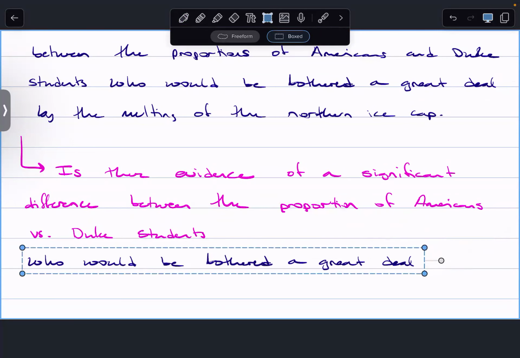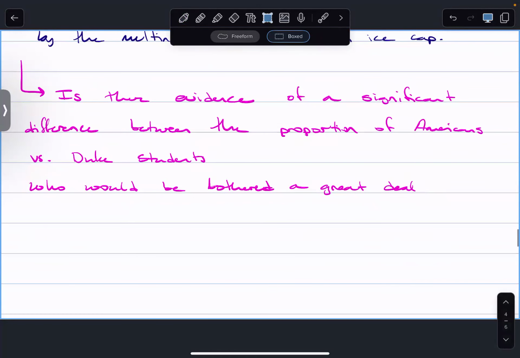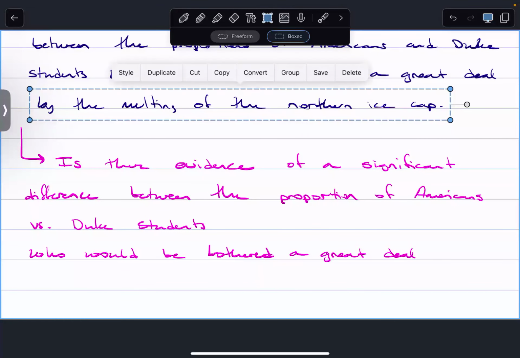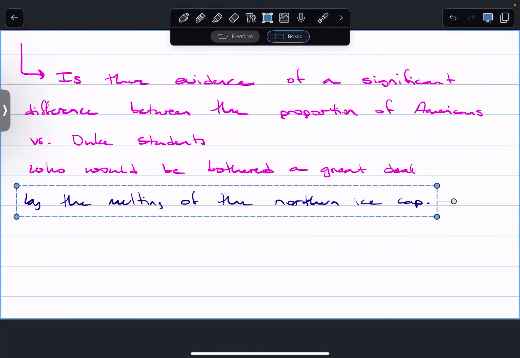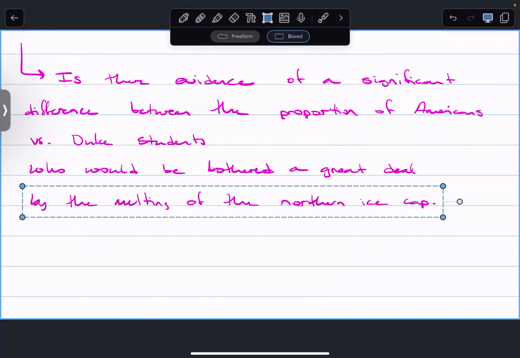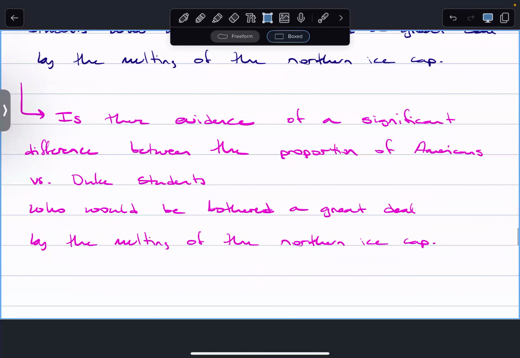Because I can't just not talk about what it is we're trying to learn about, but I also don't want to write it out twice. Who would be bothered a great deal by the melting of the northern ice cap? There. Clearly stolen from above.